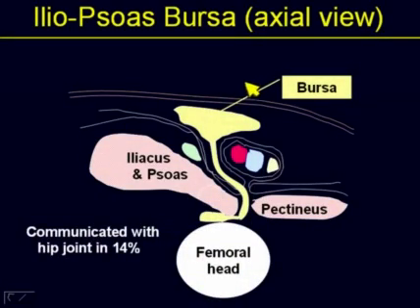In a sagittal view of this, on the axial view, you could appreciate the iliopsoas bursa jutting out of the femoral head in between the iliopsoas and the pectineus, but remember that it's clearly adjacent to the great vessels. So this same bursa would like to ascend into the iliac fossa.